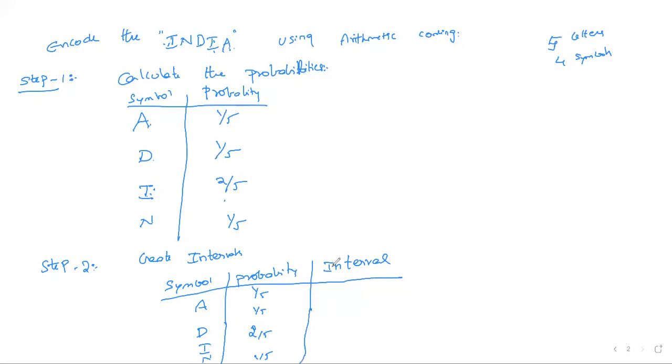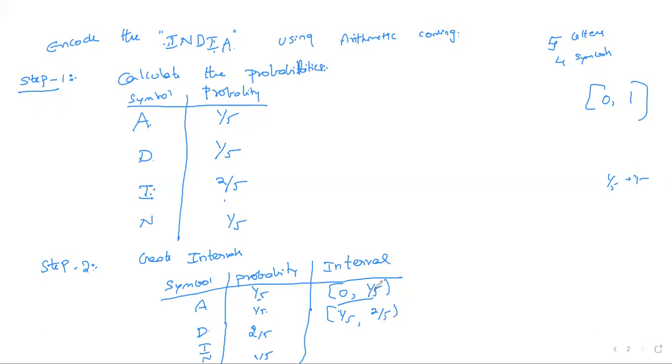Now interval. So interval range must be 0 to 1 only. So I am starting with 0 and I stop with 1 by 5 for A. Now this 1 by 5 will come here for the new one. So for D, it starts with 1 by 5 and ends with 1 by 5 plus 1 by 5, 2 by 5.